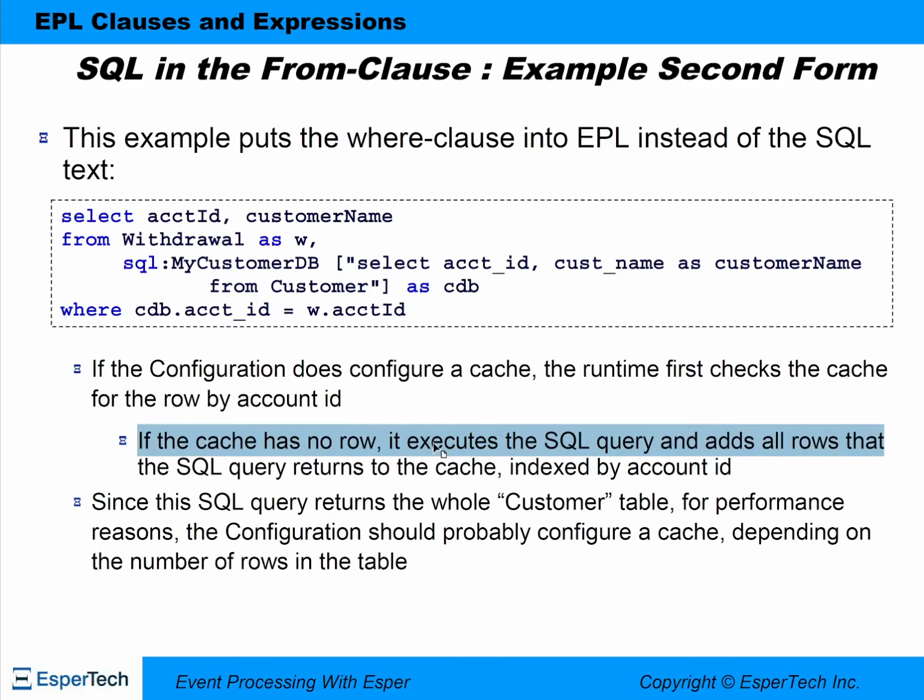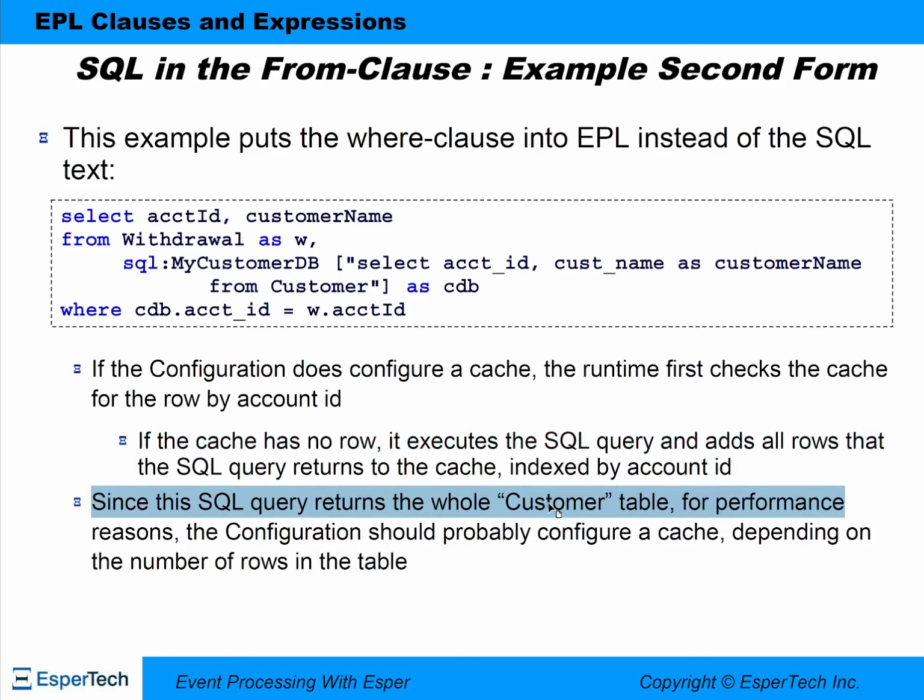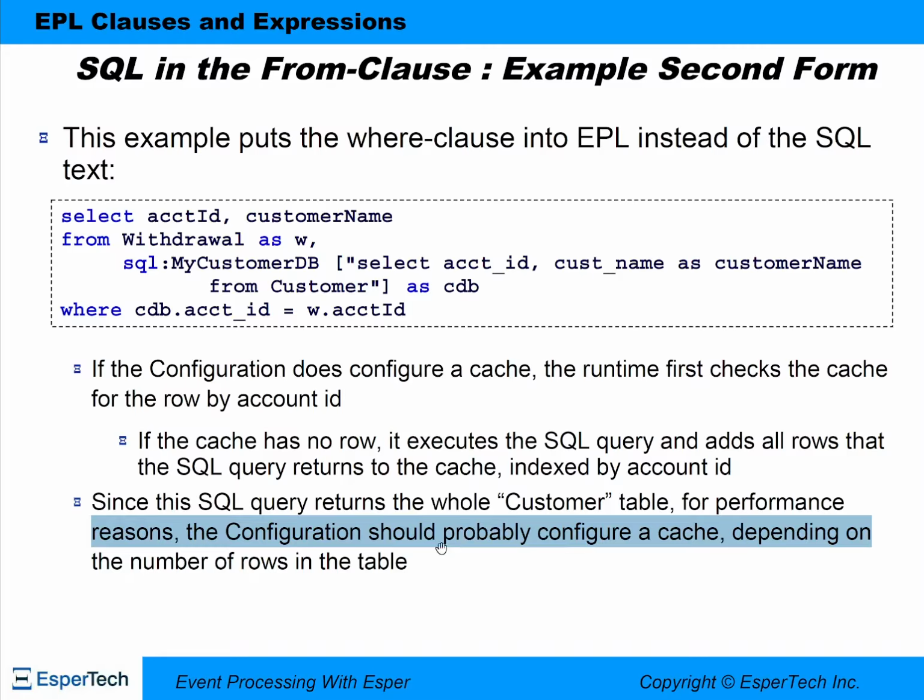If the cache has no row, it executes the SQL query and adds all rows that the SQL query returns to the cache, indexed by account ID. Since this SQL query returns the whole customer table, for performance reasons, the configuration should probably configure a cache, depending on the number of rows in the table.